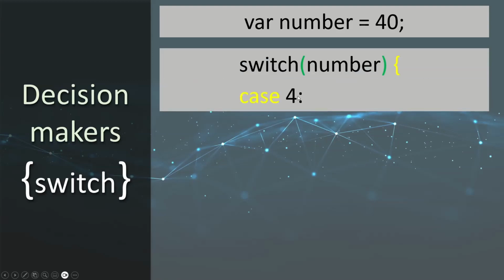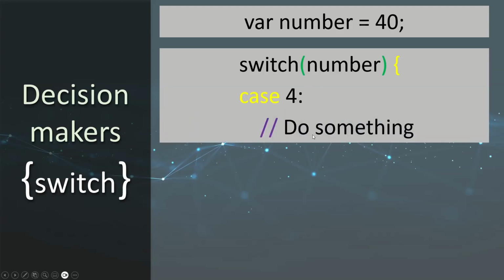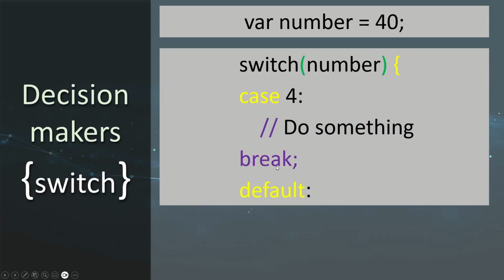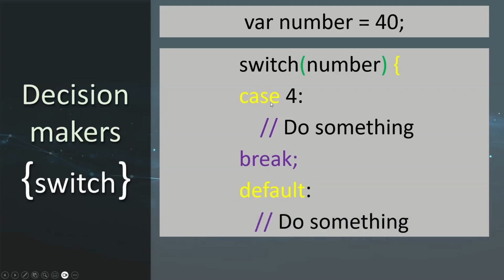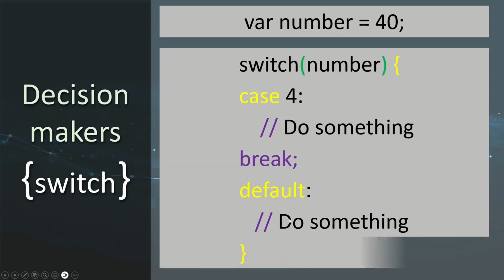For example, case 4 means that if this number equals 4, do some action, then break, then do nothing. Another case could be if this number equals 1. So you can have multiple cases replacing if, else if like this. And then at the end you have the default value. If no case matches this number, you can do something by default.